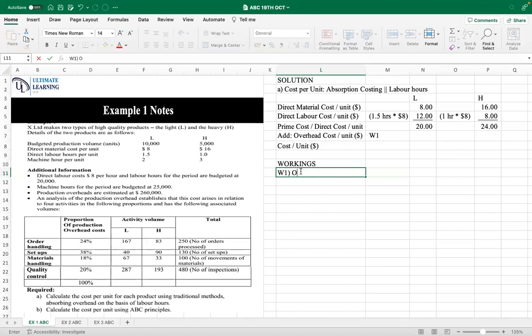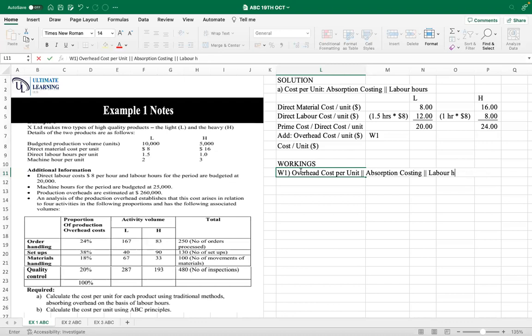I want to calculate overhead cost per unit using absorption costing, and we are using labor hours to apportion.